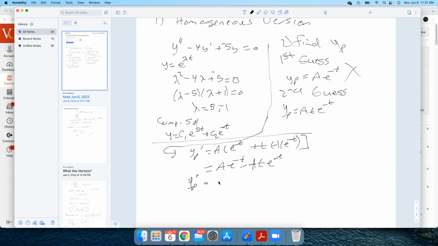y double prime. That guy I don't need a product rule on. That's just negative A e to the negative t. I'm going to factor out this negative A and just do product rule on that. Derivative of the first times the second, plus, leave the first alone, derivative of the second. Pick up that extra negative.